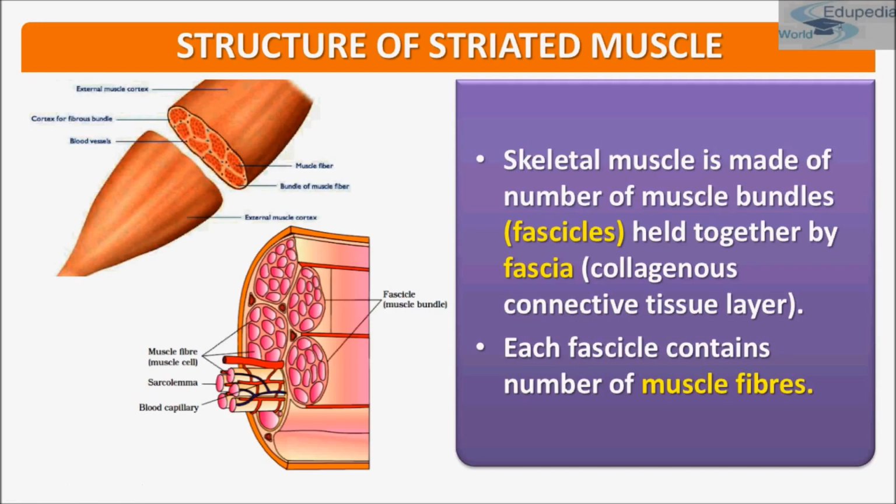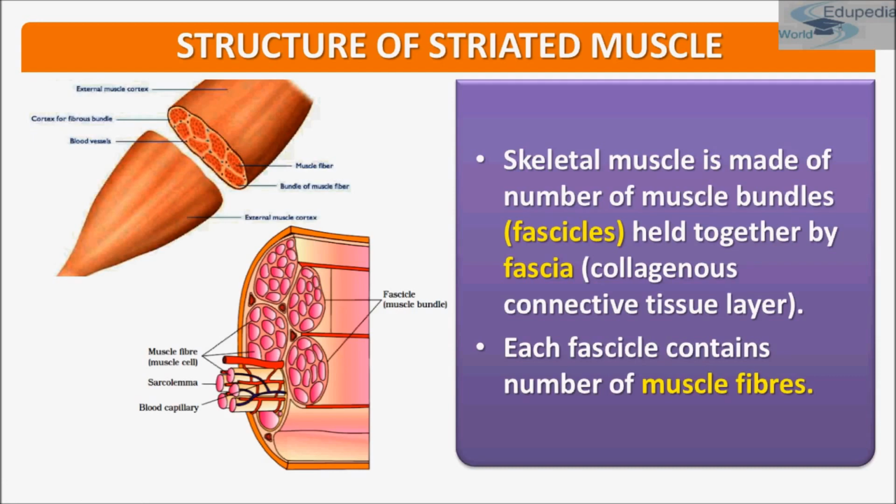Each fascicle contains a number of muscle cells, as you can see: 1, 2, 3, 4, 5, 6, 7, 8, 9, 10, 11. Eleven muscle cells are there in a muscle bundle, which we call a fascicle.